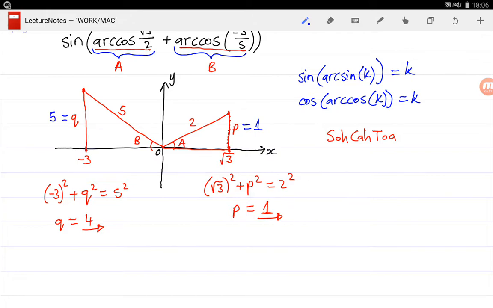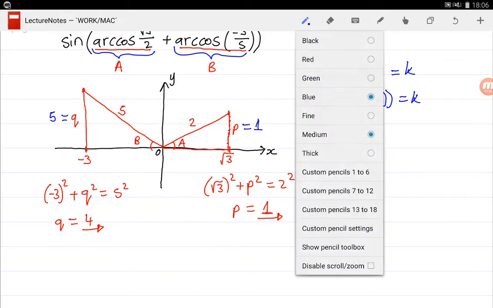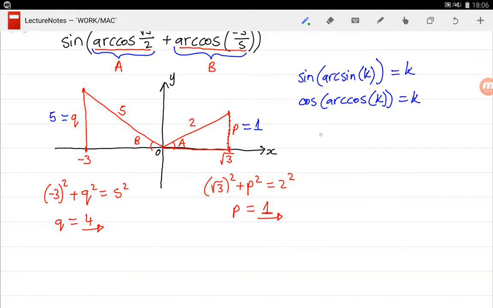Before we go ahead, I have to point out that we're going to have to find expressions for these angles A and B, because so far we only have arc cos expressions. It would be beneficial for us to have something other than arc cos expressions. I'm going to use a green pen here.